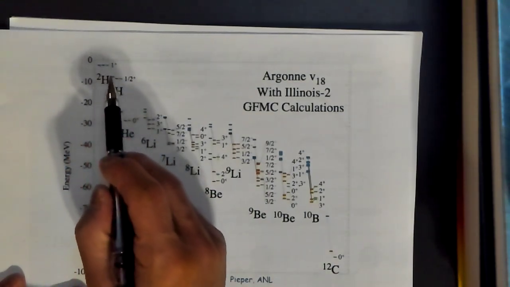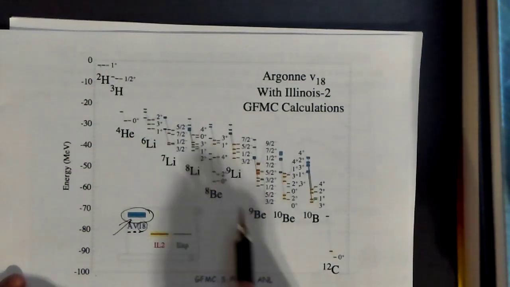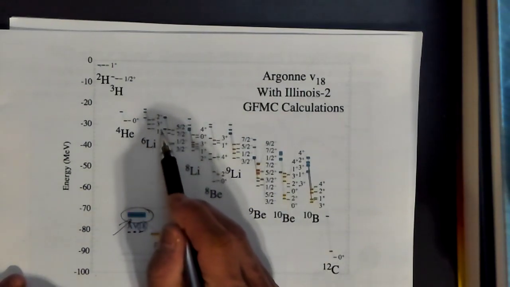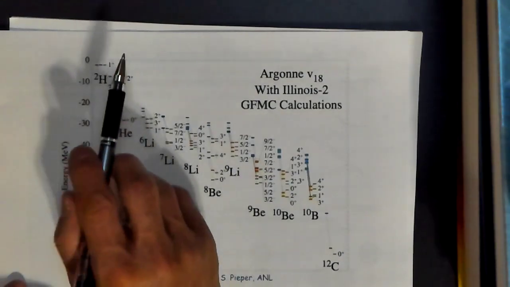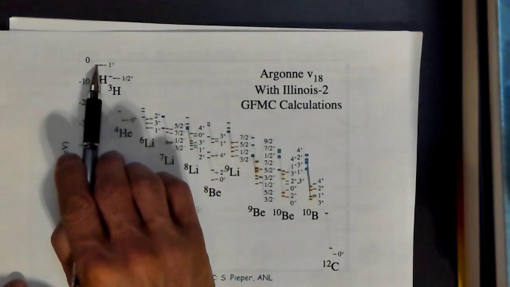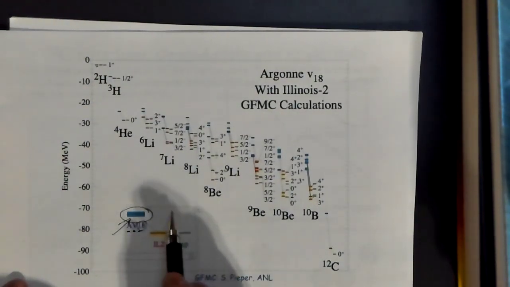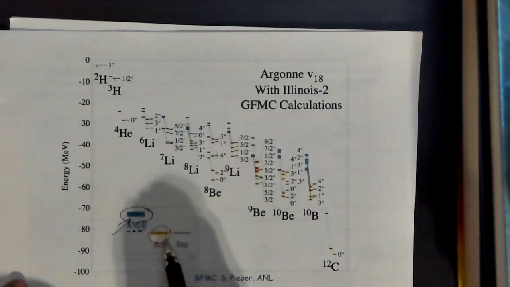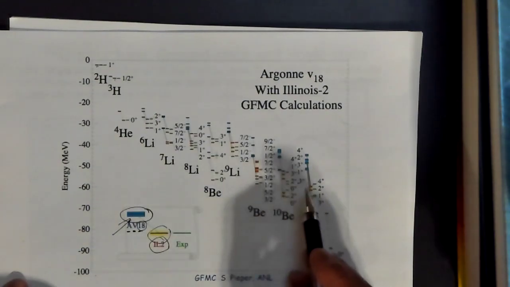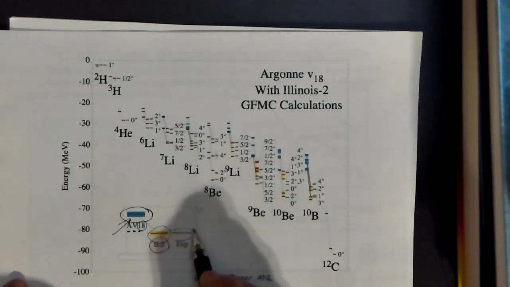These are different nuclei, different excitations of the nuclei, the spin and the parity. The first is the answer you get with just the 2-body interaction. The second is the one you get with the 3-body interaction included, a particular kind of 3-body interaction called Illinois 2. And the third one is the experimental value.